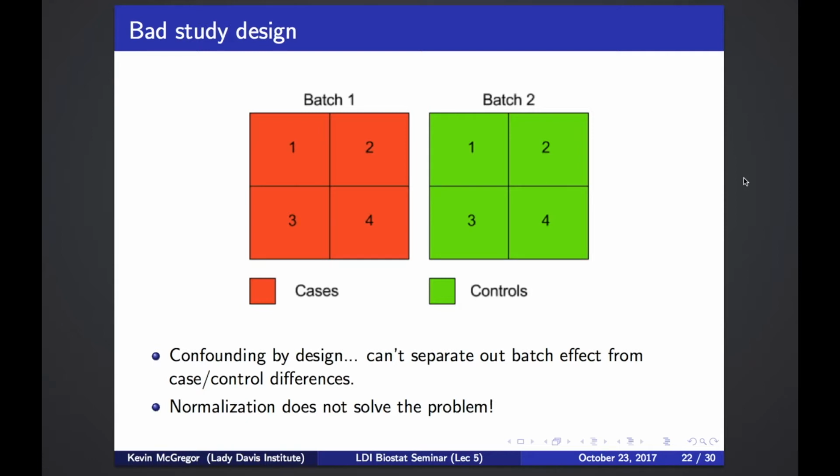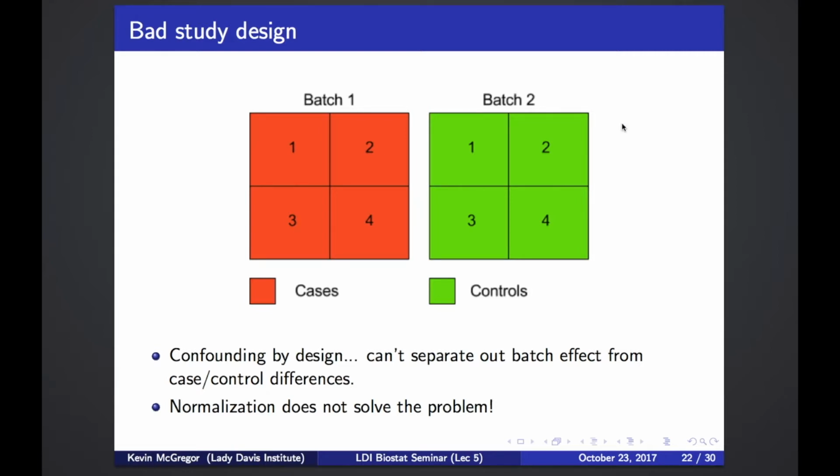The problem with this is we have what's called confounding by design. When we go to do our analysis, we cannot separate out the batch effects from the case versus control effects, because every single case is on the same plate and every single control is on the same plate.